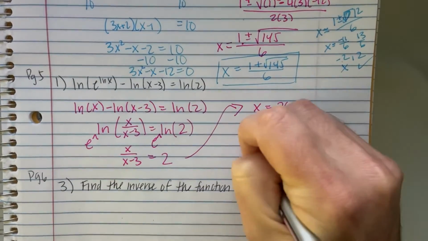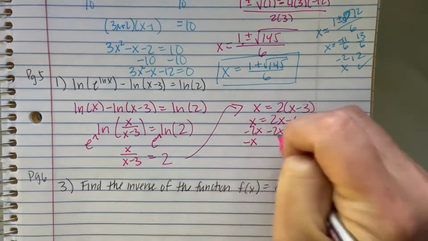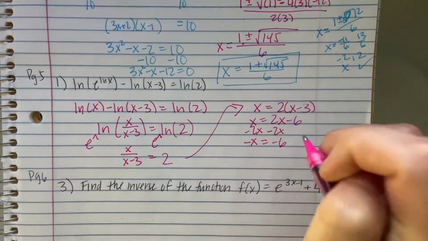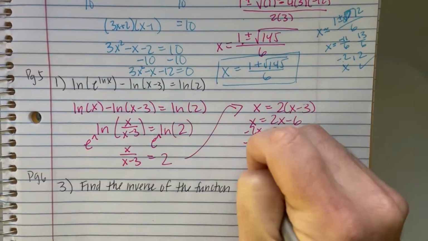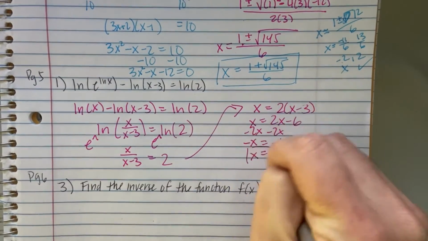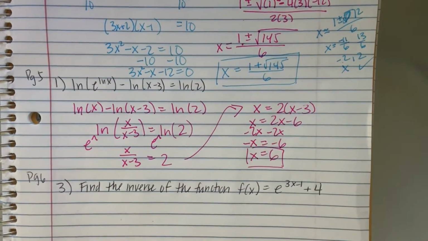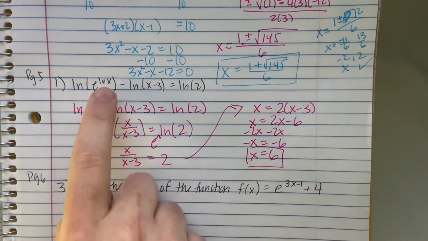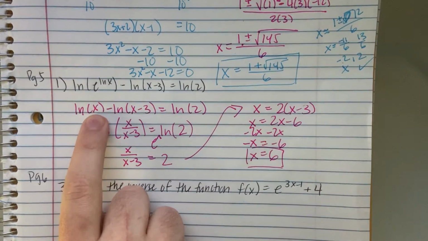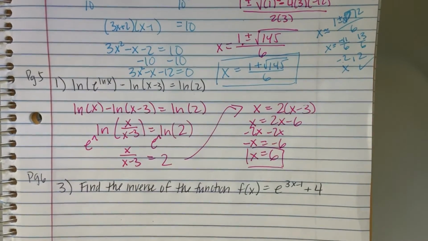Subtract the 2x. So negative x equals negative 6, which means x equals 6. We can plug this back in. We can plug it in here, it's fine. Ln of 6, that's positive. 6 minus 3 is 3, also positive, so that's a fine answer.